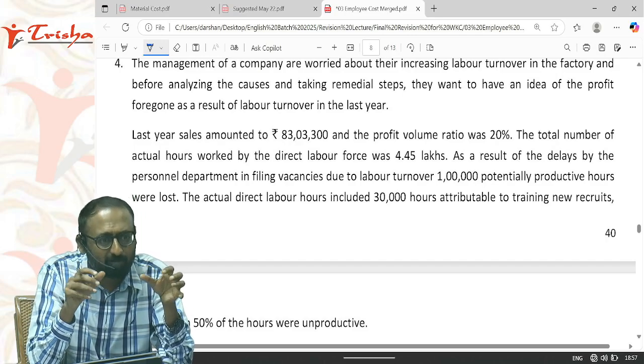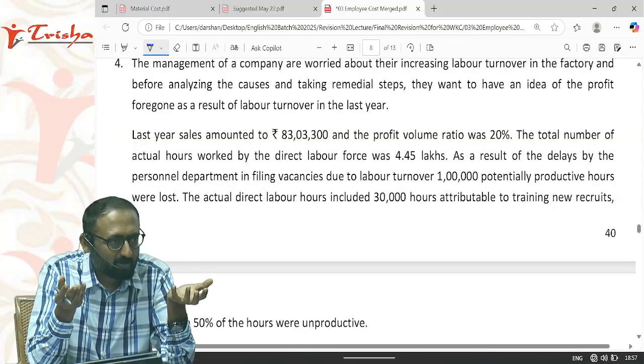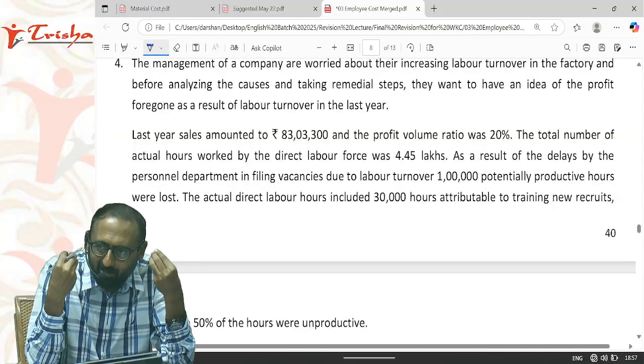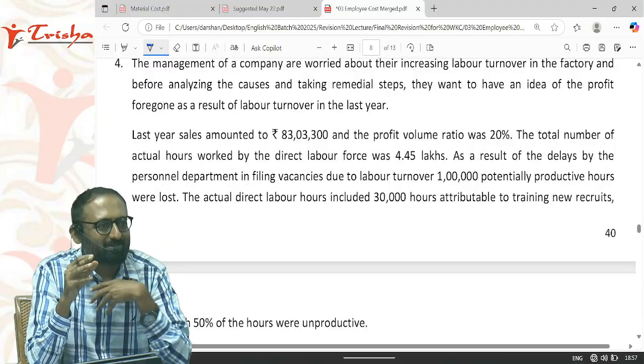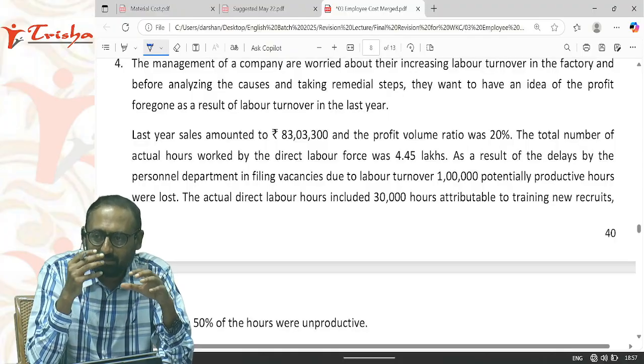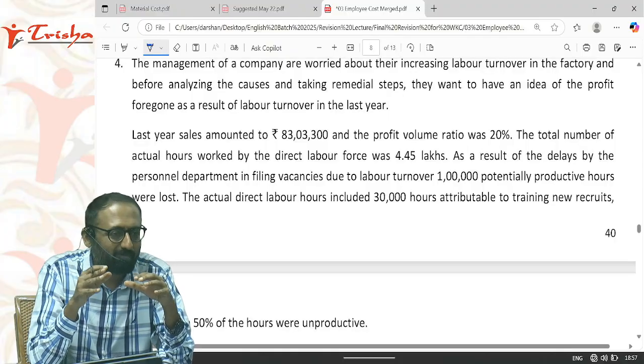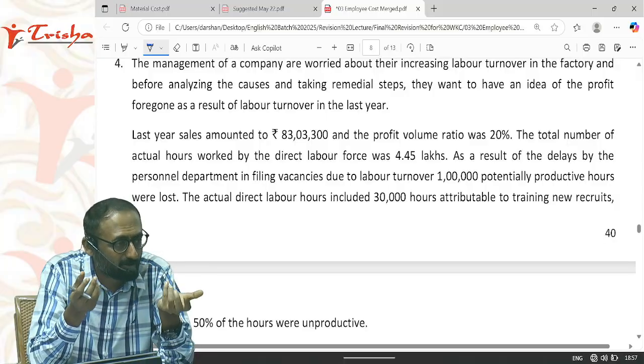If you delay in filling the vacancies, suppose 1 lakh hours are lost due to the delay, then contribution will also be lost.